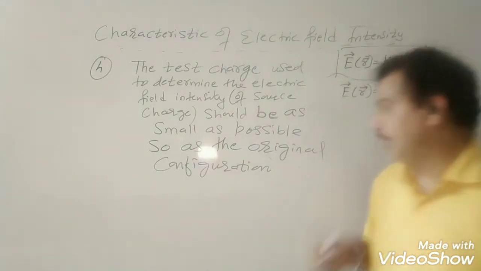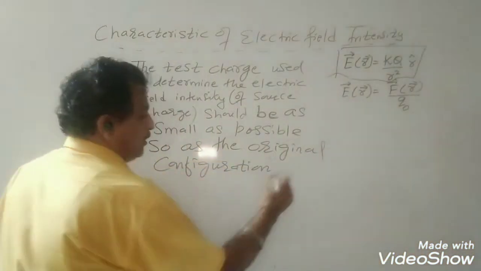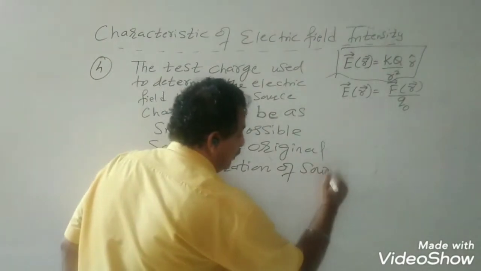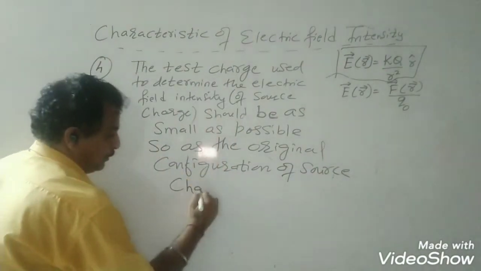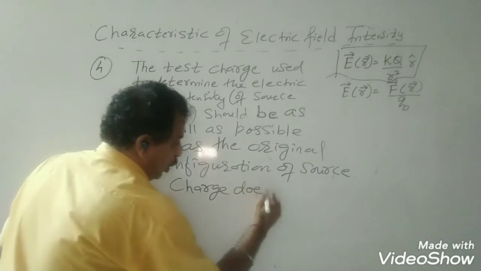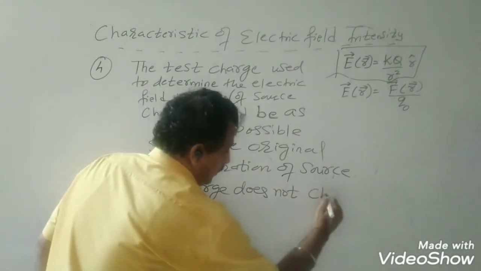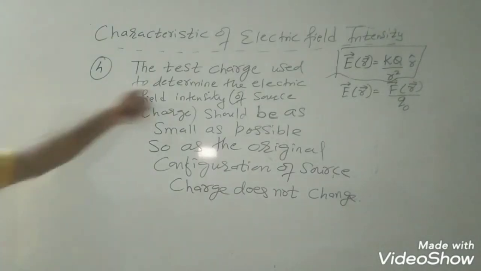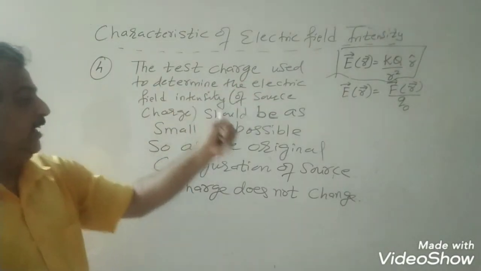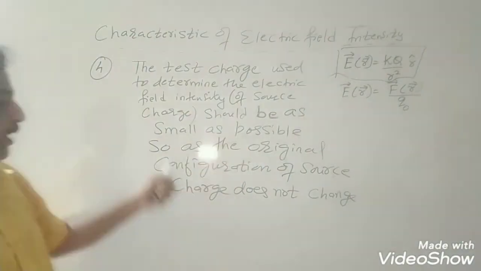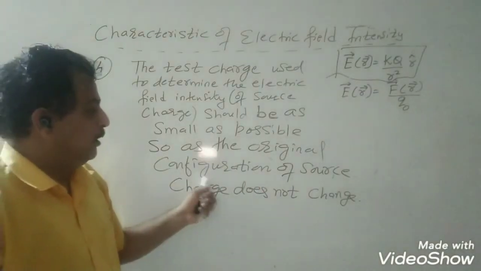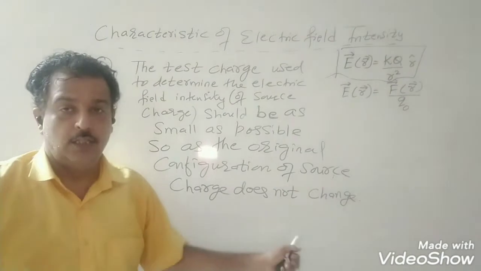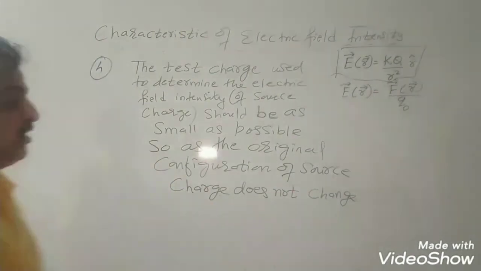You have to check the order so as the original configuration of source charge does not change. Now see this point, very important. The test charge used to determine the electric field intensity should be as small as possible so as the original configuration of the source charge does not change.